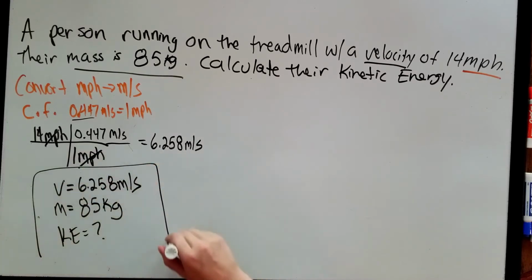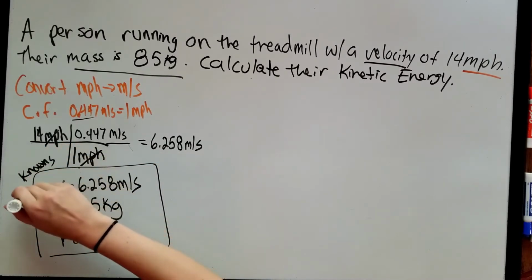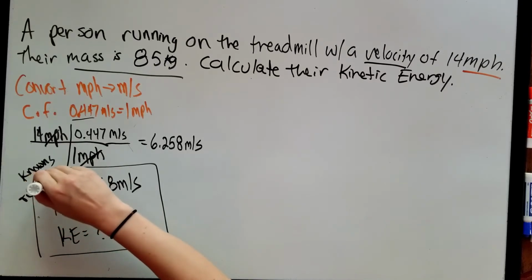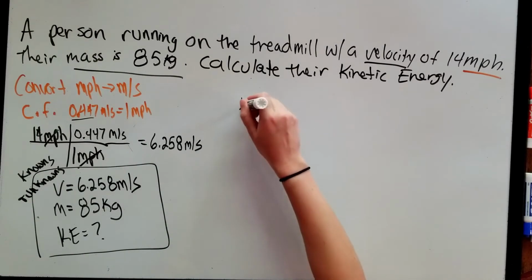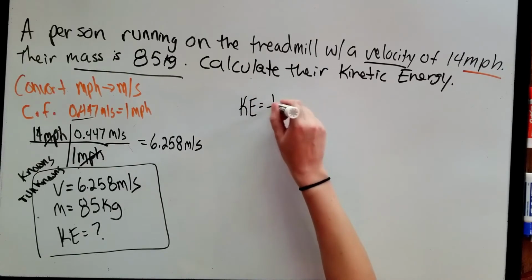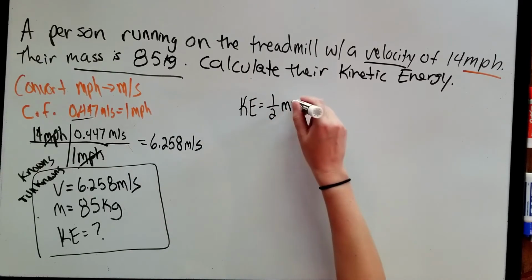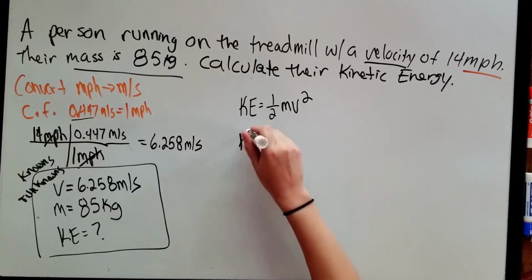So these here are my knowns and unknowns. So once I convert and find my knowns and unknowns, I look for an equation. So my equation, there's only one for kinetic energy, and that is 1/2 mv squared. No rearranging necessary.